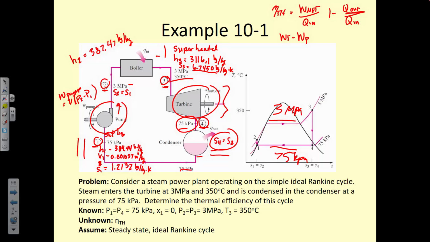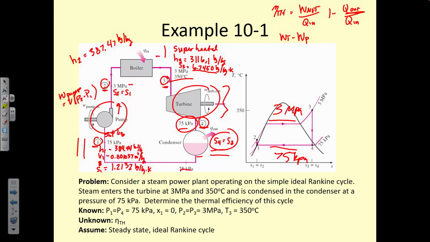What is the state of our substance? How would we find that out? Superheated. Okay, so what are we at state 3, coming into a turbine? Ideally, we're always superheated, right?